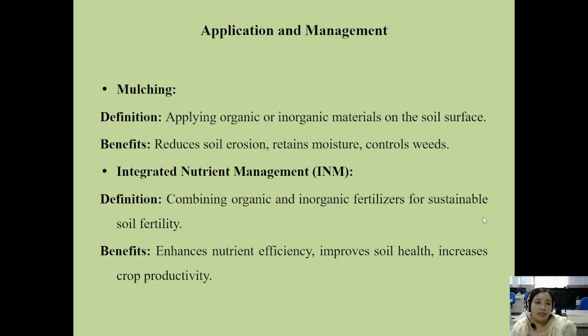Then mulching is there. Mulching is another method of management of crops. The definition of mulching is applying organic or inorganic materials on the soil surface.